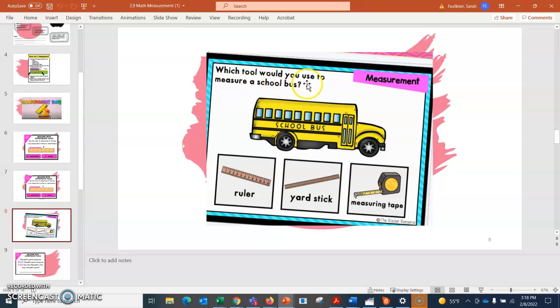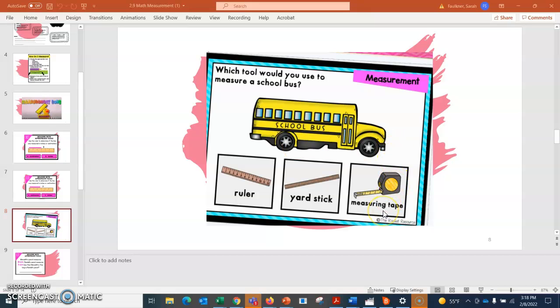Which tool would you use to measure a school bus? Would you use a ruler, a yardstick, or a measuring tape? I personally would probably use a yardstick. It's a pretty flat bus, so you could use a yardstick.